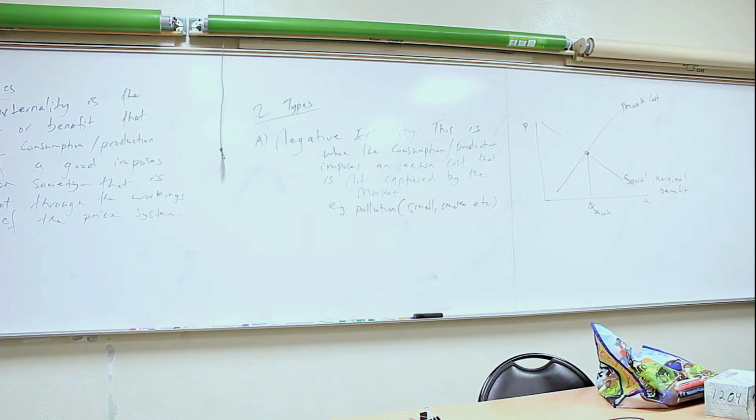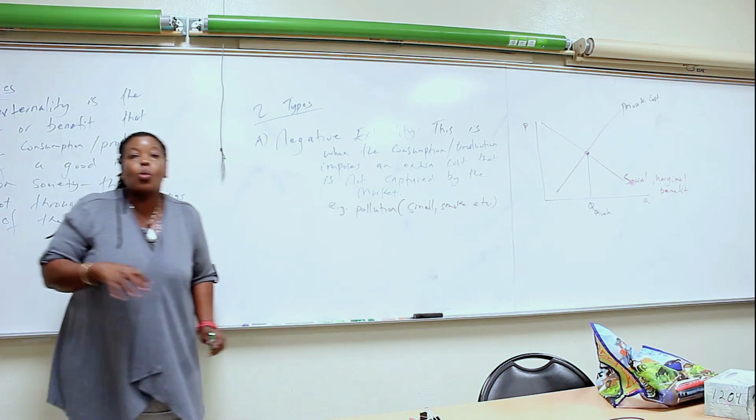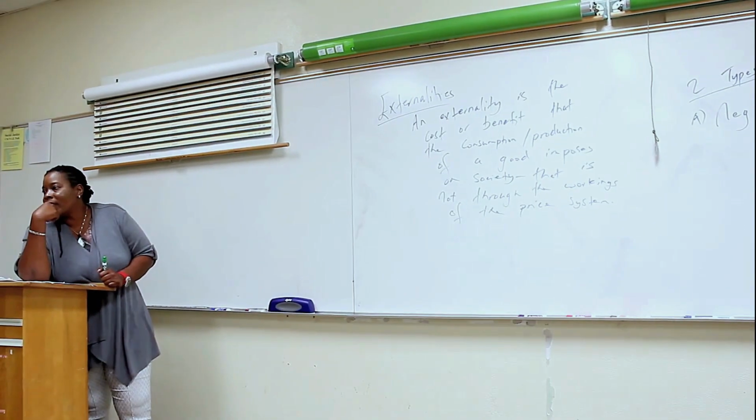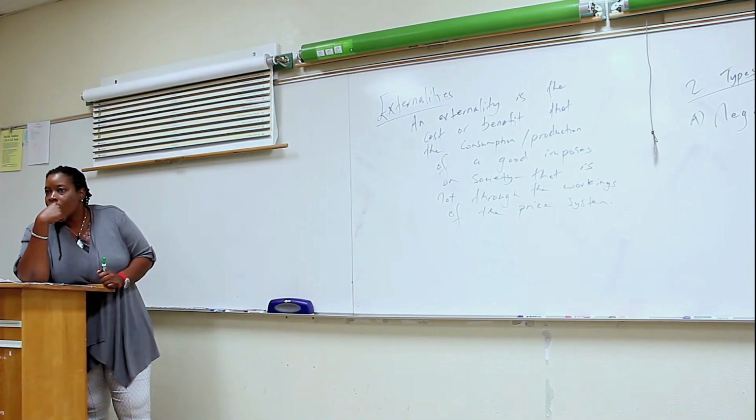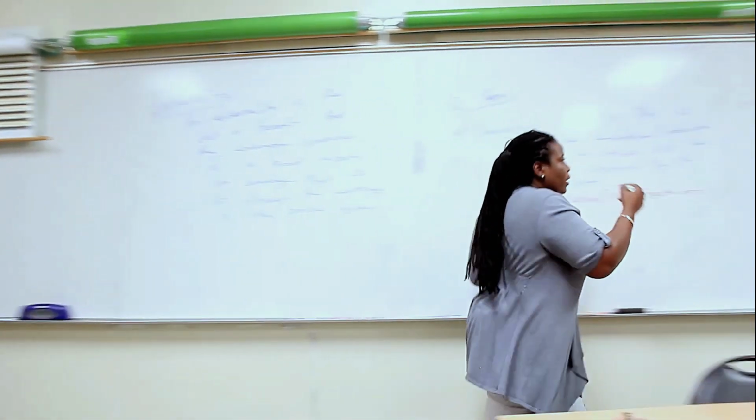But let me ask you, if we were to force this firm to take into consideration what's good for society, force them to take into consideration the extra costs, how would that affect that representative supply curve that I have there? It would shift it to the left. Yeah, like this.